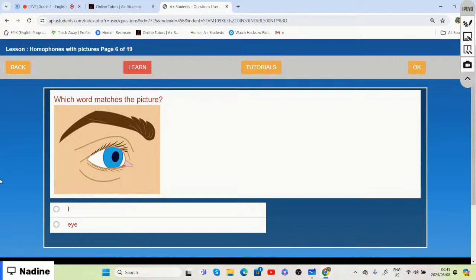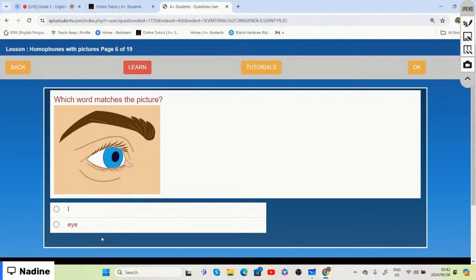All right. Which matches the picture, I or the second one, eye? All right.